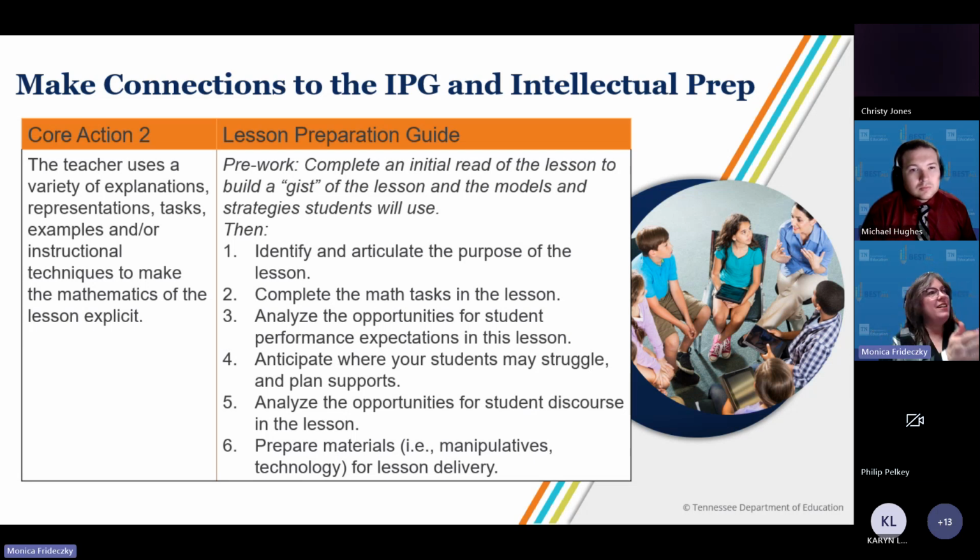A lot of, again, I would refer you to the margins in the teacher's edition, in those materials. A lot of times in our HQIM, or well, not a lot of times, pretty much every time so far that I've looked, the HQIM has in there, here's the questions that you can ask to clarify. Here are some questions that you can ask if students are struggling with this particular problem.